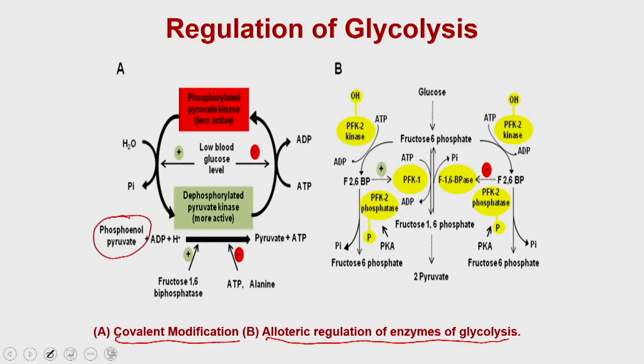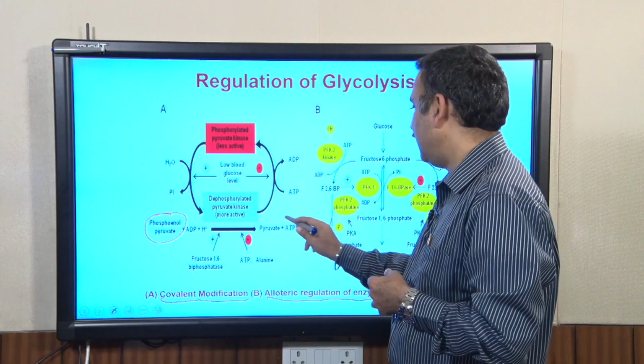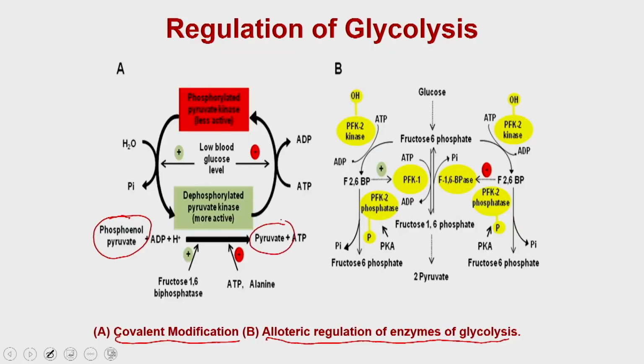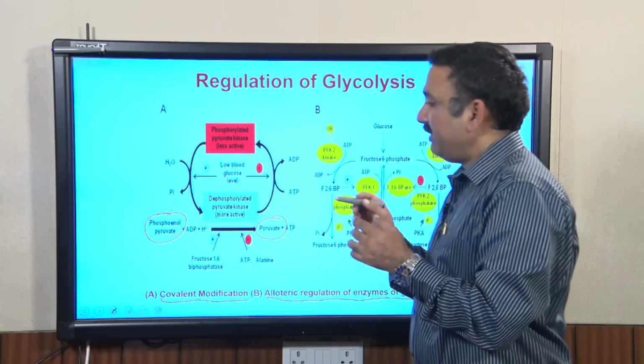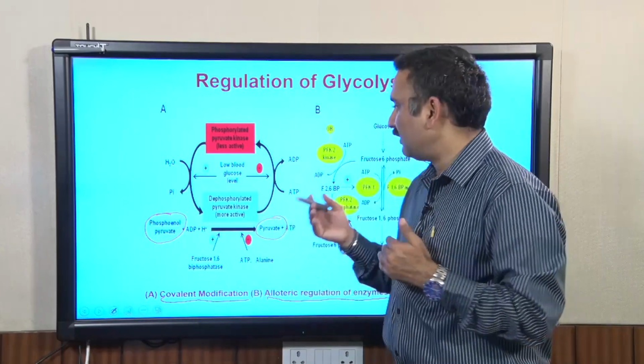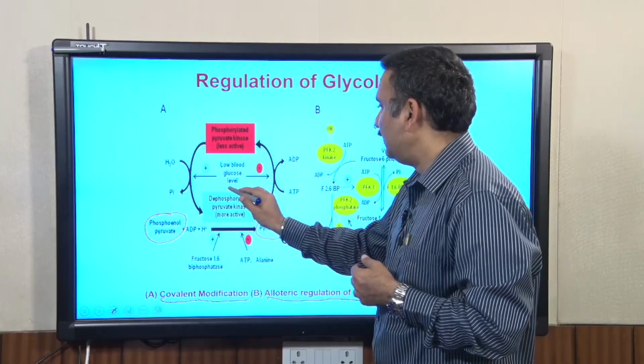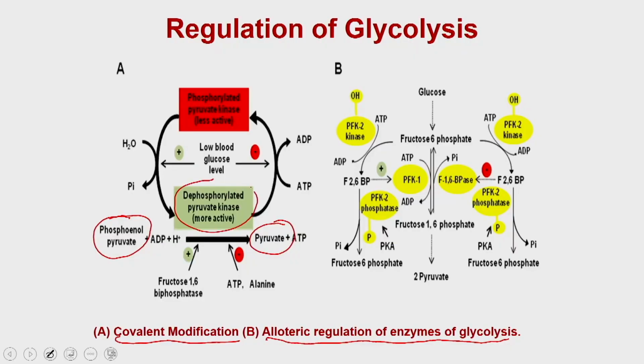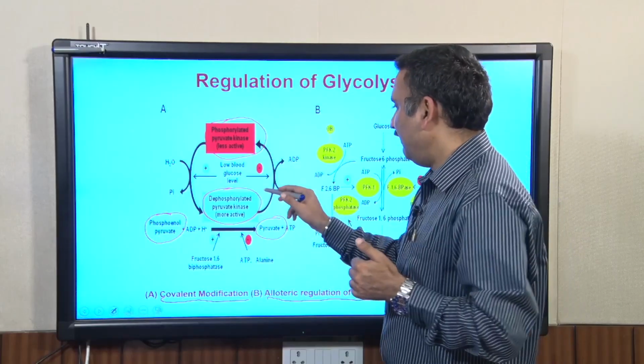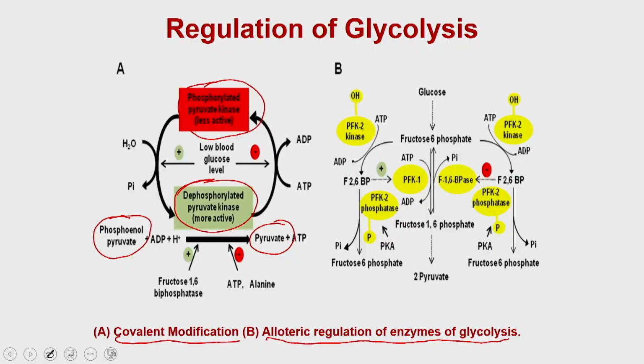Pyruvate kinase takes the phosphate from phosphoenolpyruvate and generates pyruvate. This enzyme, pyruvate kinase, can be present in two forms. One is the phosphorylated form, the other is the unphosphorylated or native form. The dephosphorylated form is more active, whereas the phosphorylated form is less active.